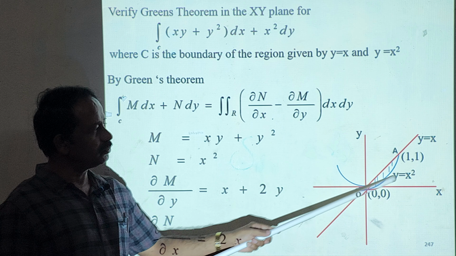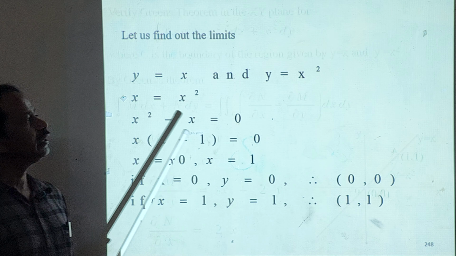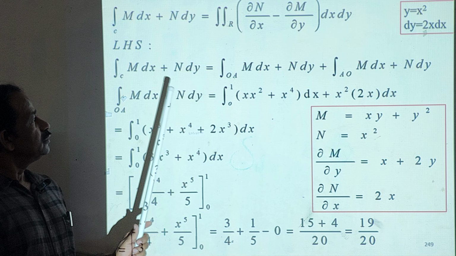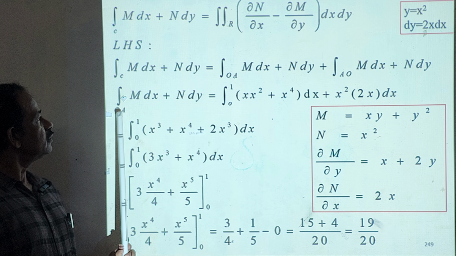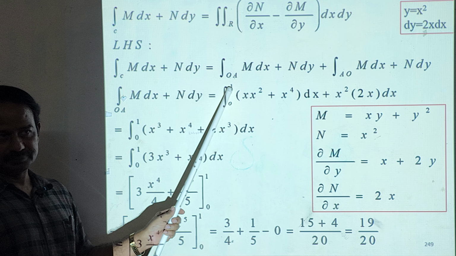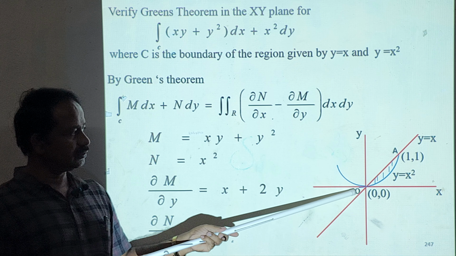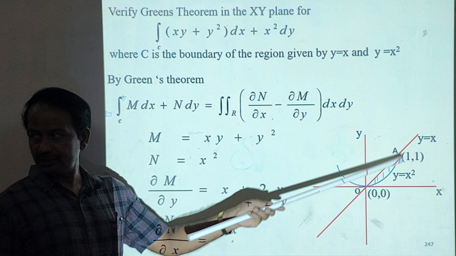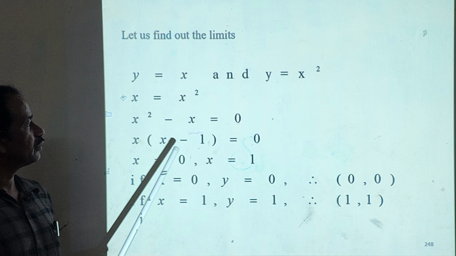One goes from O to A, another one is from A to O. First we will go for O to A, which will have a limit 0 to 1.